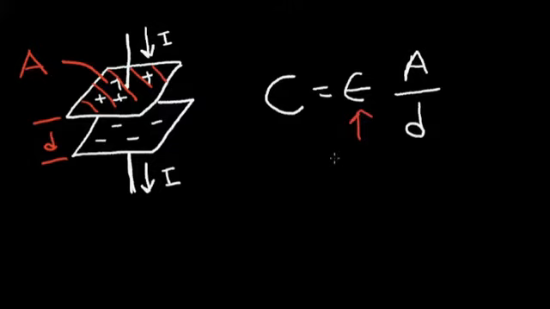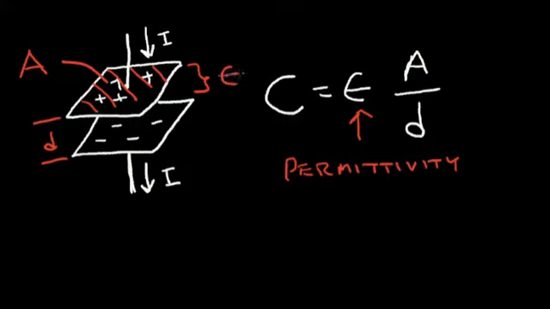This is the Greek letter. It's the symbol for permittivity. And permittivity is a physical characteristic of the region in between the plates. So the permittivity is associated with this region D in between the plates.